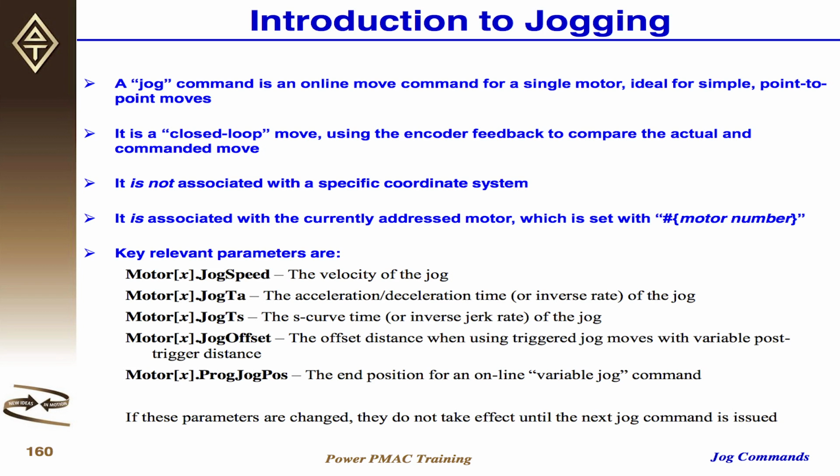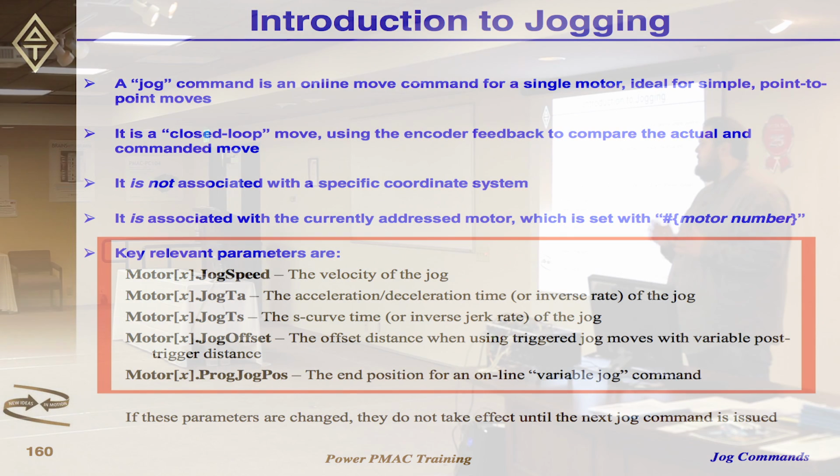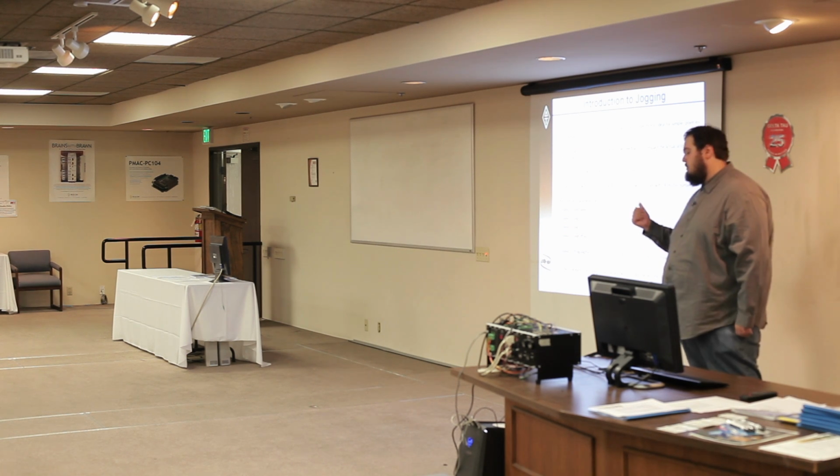The relevant parameters for it are these ones here. There's jog speed, which is going to be the actual velocity, the actual speed the motor is jogging. Jog TA, which controls the acceleration of the move. It typically will be the amount of time you are devoting to accelerating the motor, but you can also just set it to a specific rate.